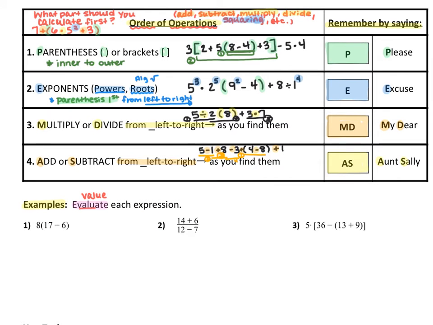So now let's look at some examples where we would have to use the order of operations. We have examples 1, 2, and 3, and they're asking us to evaluate, in other words, find the value of each expression. You can notice that we have several operations happening within each of these expressions.